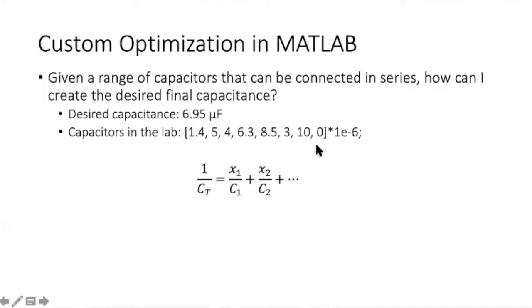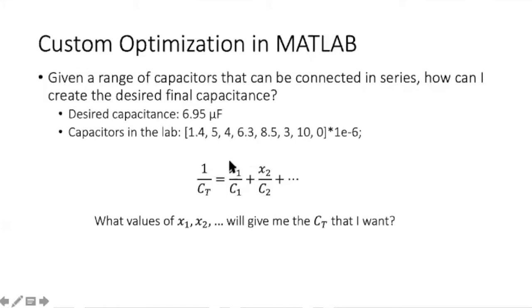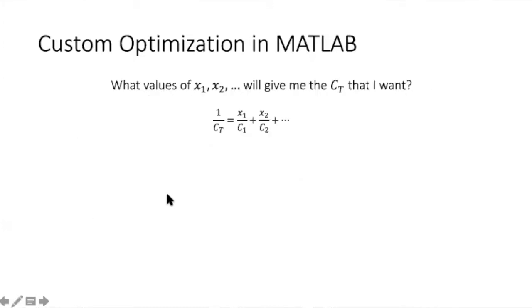You know that your total capacitance will be the sum of the inverses of the capacitances of what you have scaled by the number that you have. This particular equation isn't important, but let's just say this is the physical problem you're dealing with. This could really be any problem at all. You want to figure out what scale values x1, x2 will give you the capacitance that you want.